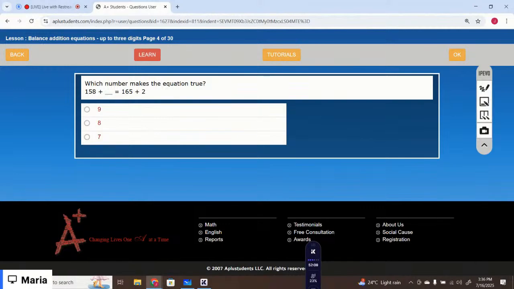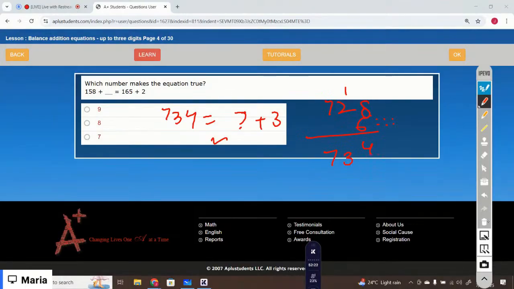Which number makes the equation true? 158 plus what number equals 165 plus 2? 165 plus 2 makes 167. We need to find a number that added to 158 makes 167.